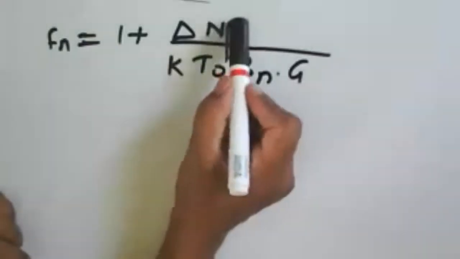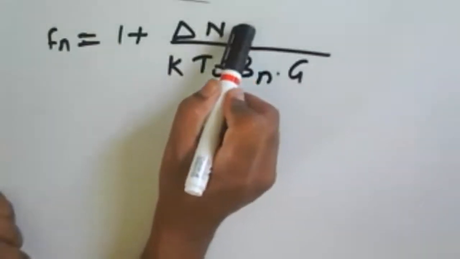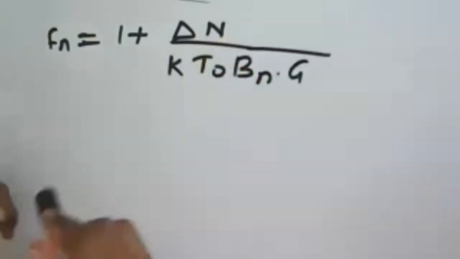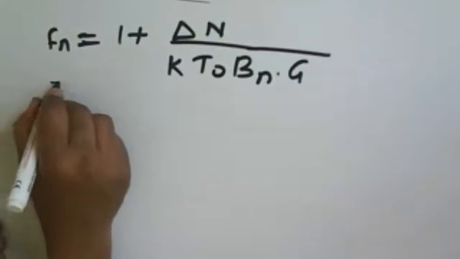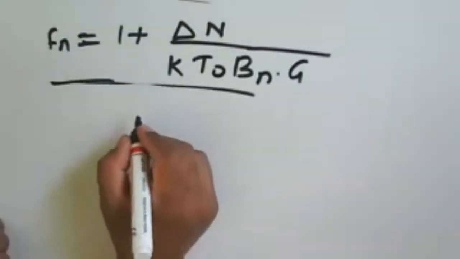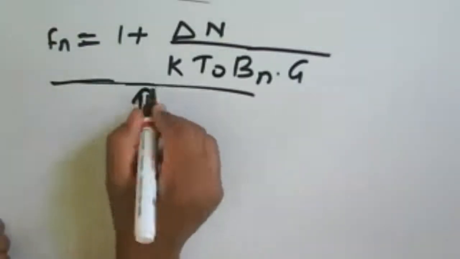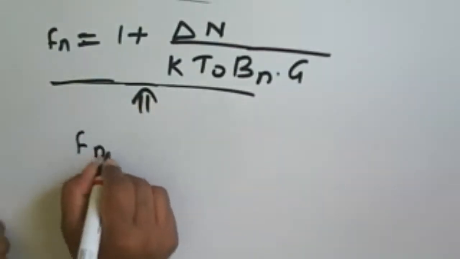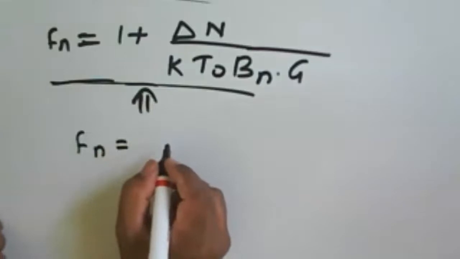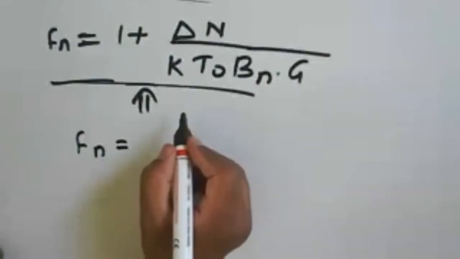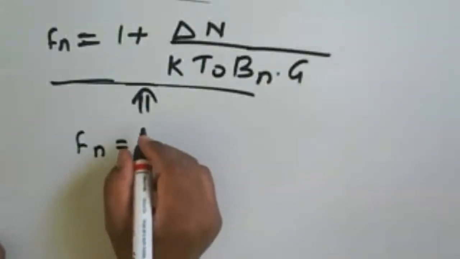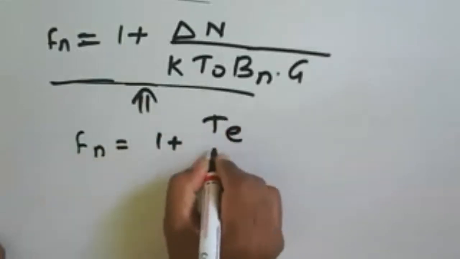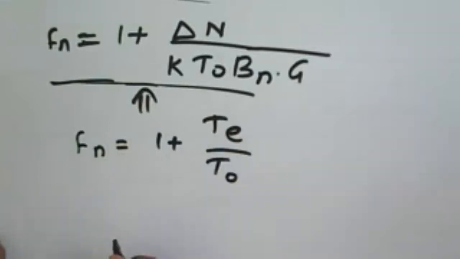So that's why this particular factor can be replaced with the effective temperature, and then we can rewrite the above expression with respect to the effective temperature, and that we can write as 1 plus Te by T0.